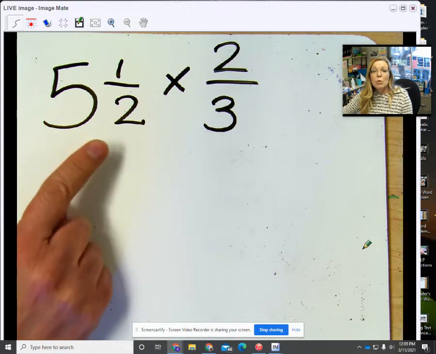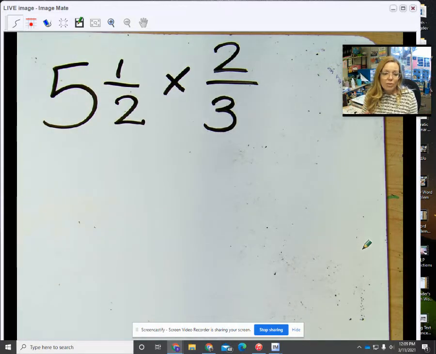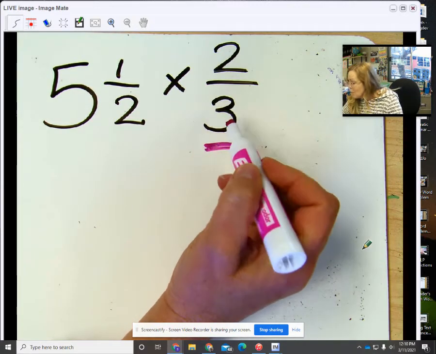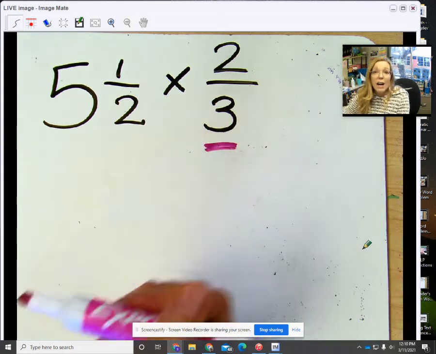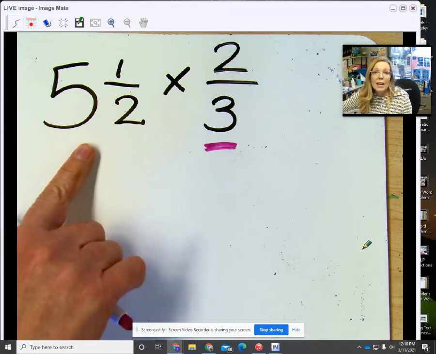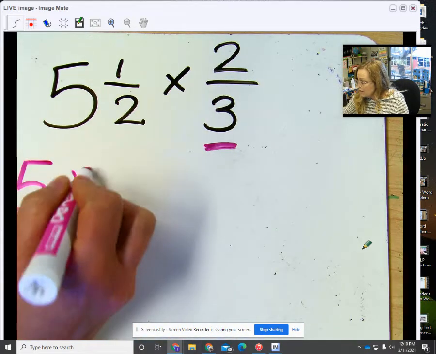5½ times 2/3. Well, there's two ways in which we can solve for this. We know that this is the multiplier, right? This is the guy doing all the work. He's going to multiply himself times 5½. So we can decompose this mixed number and we can do it that way. So we can say, well, 5 times 2/3.